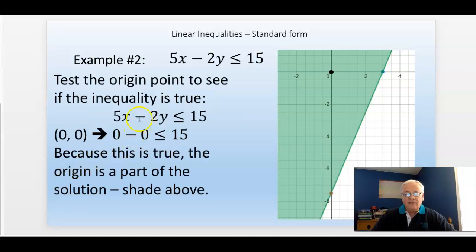Test the origin. If we put 0 in for x and 0 in for y, it says here that 0 is less than or equal to 15. Yes, it is. It's true. The origin is a part of the solution, so shade above the line. Again, if this was not true when you plug in for the origin, you'd shade below the line.